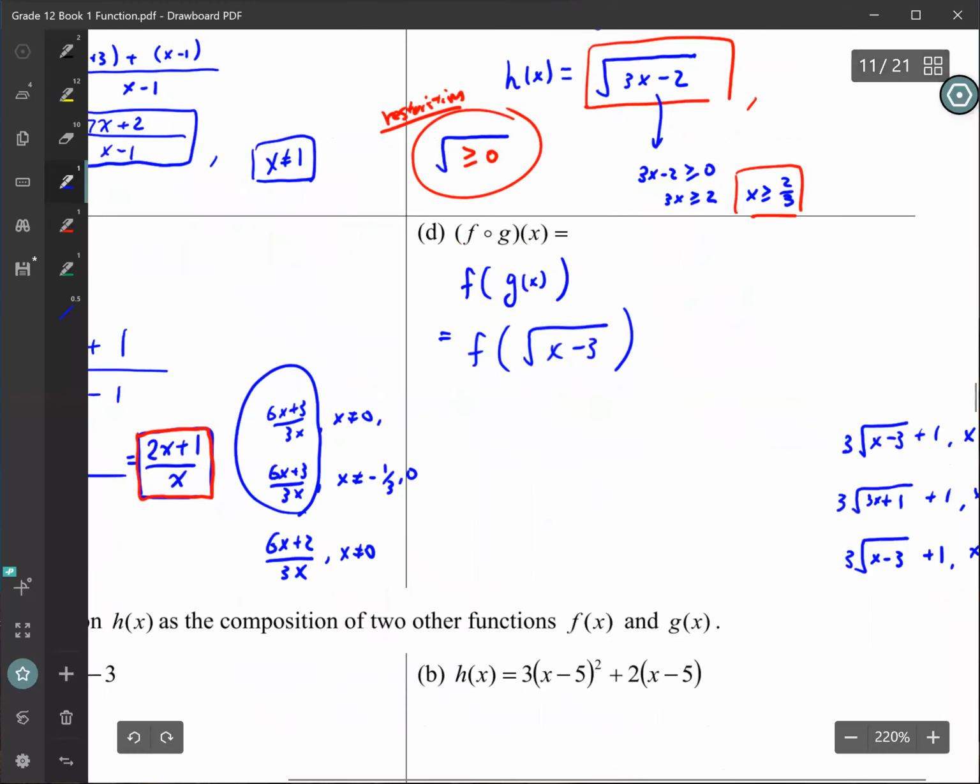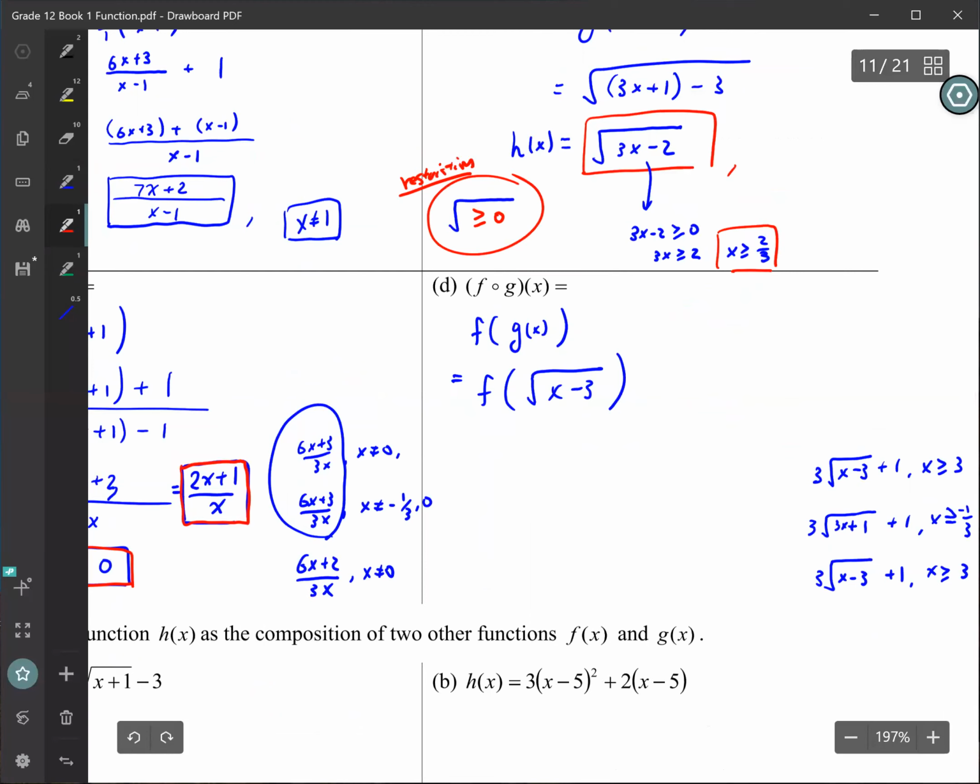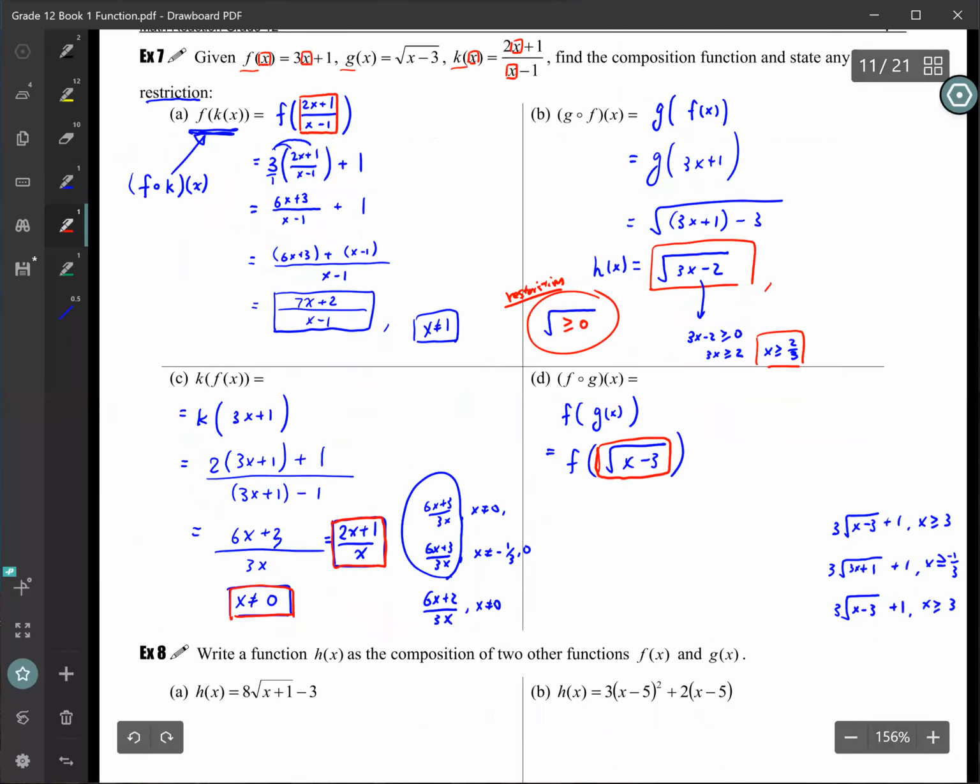Okay, Donna, do you agree so far? Yeah. Okay, so our input should be the square root of x minus 3. So you put this inside the x. So it will be 3 and then box, which is the root, and then plus 1.